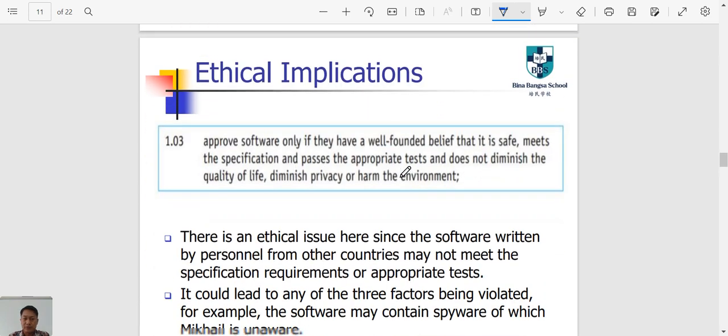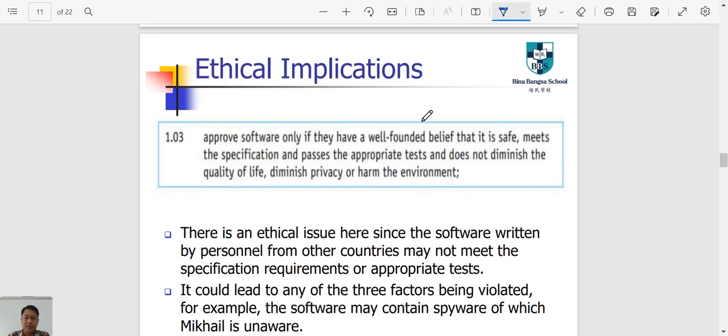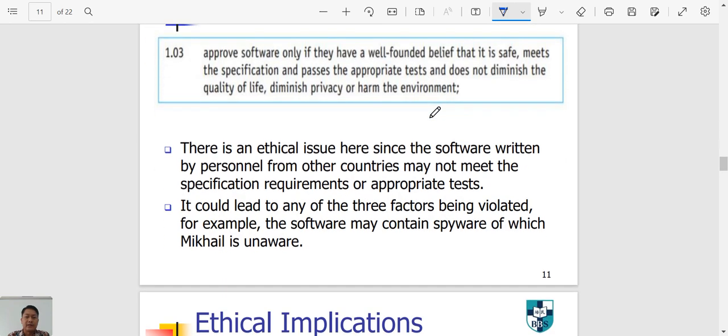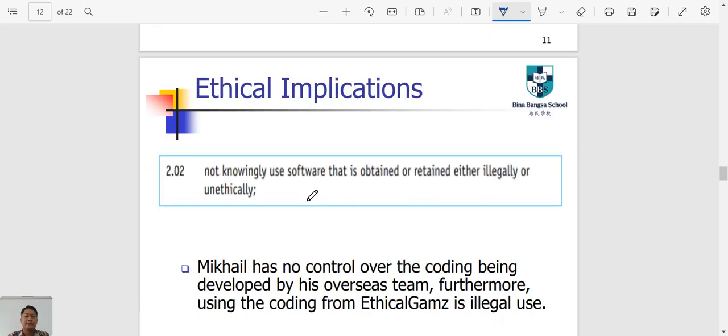Okay, so I want you to go over this. There is an ethical issue here that software written by personnel from other countries may not meet the specific requirements or appropriate tests. It could lead to any of the three factors being violated. The software may contain spyware of which the person might be unaware.